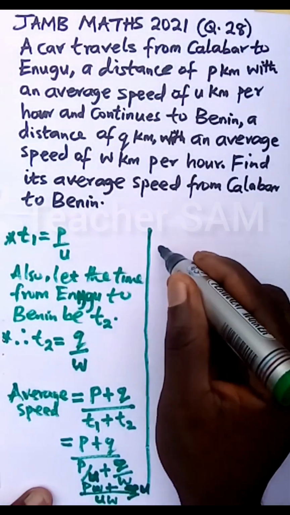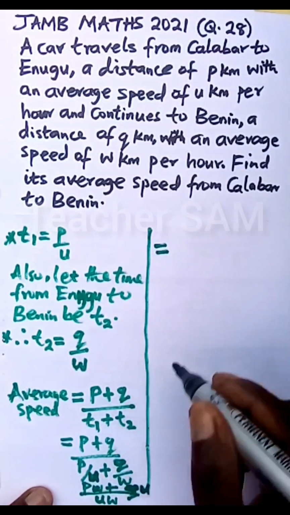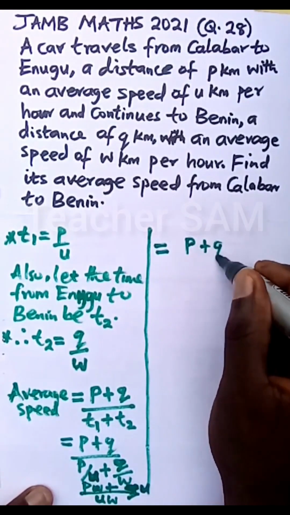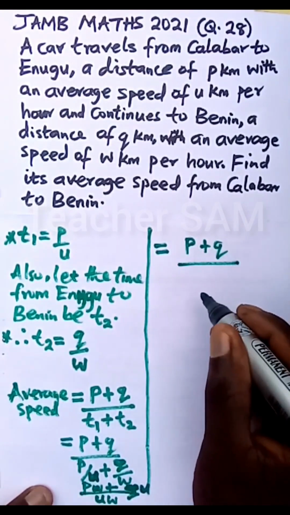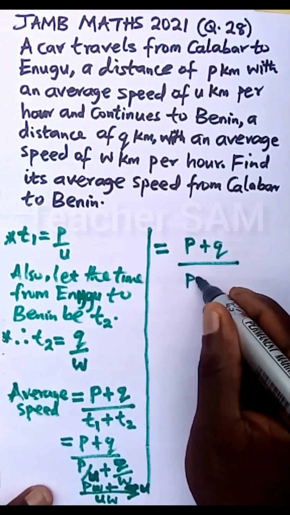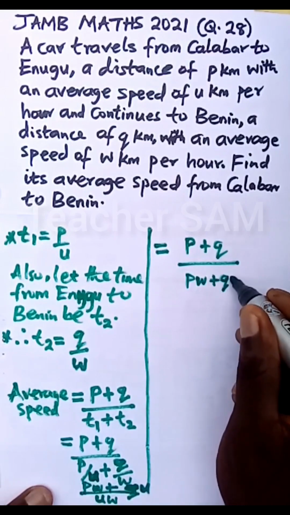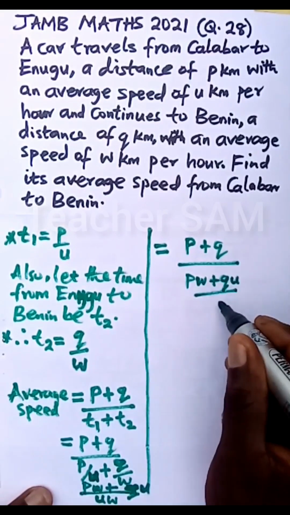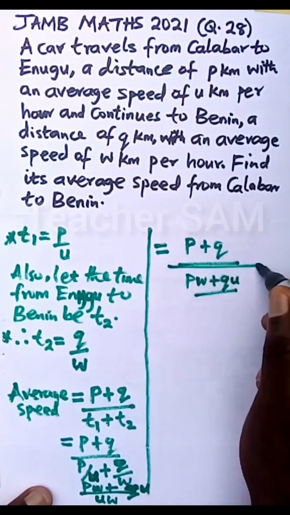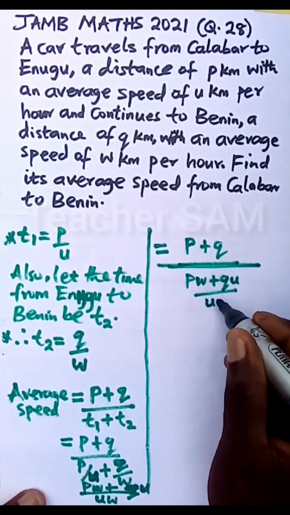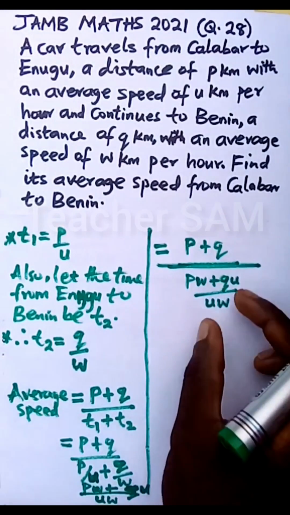So at the end of the day, we'll be having P plus Q all over PW plus QU. This over, let's extend this so that we can differentiate between them, UW. So this is what we'll be having.